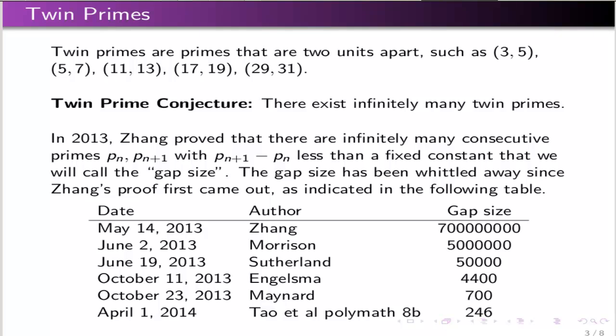Twin primes, a big open problem in number theory today. So twin primes are primes that differ by 2: 3, 5, 5, 7, 11, 13, 17, 19, 29, 31. See if you can think of the next set of twin primes. 33, 37, 39.